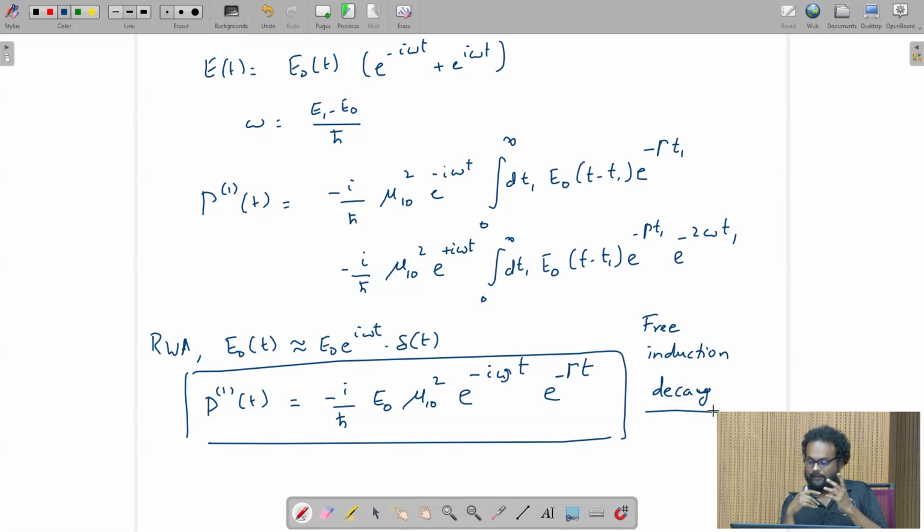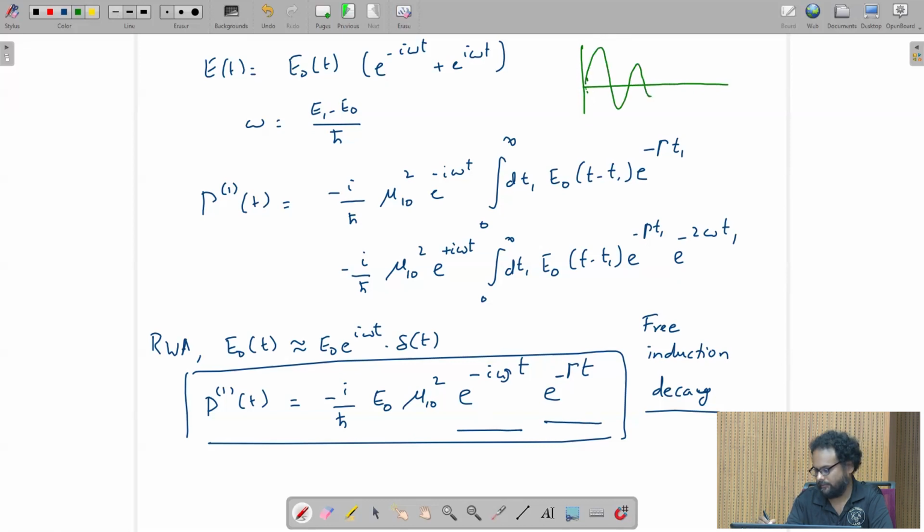If you look at this, there are two things. It's oscillating at the frequency omega and decaying at the rate of gamma. So you will have something which is oscillating and decaying. That will be your polarization.